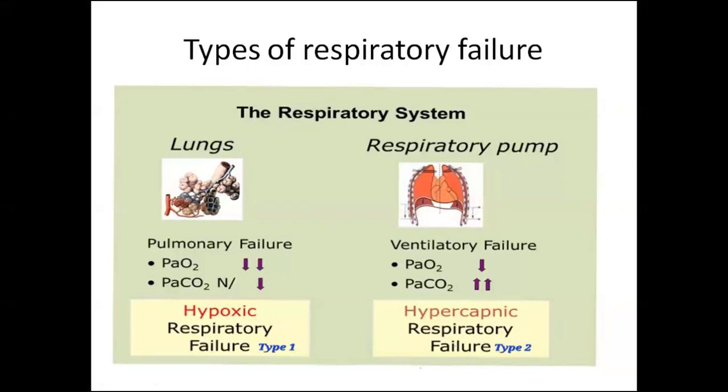That is called type 1 respiratory failure. When the pump itself has failed, where it is not able to suck the air in or throw the air out, then you have more CO2 retention than O2 retention. This is called hypercapnic respiratory failure. So why is it important? Because the intervention is going to change depending on what type of failure you encounter.